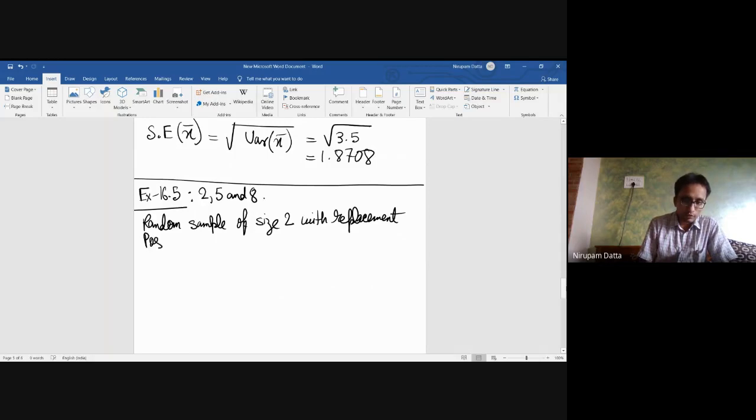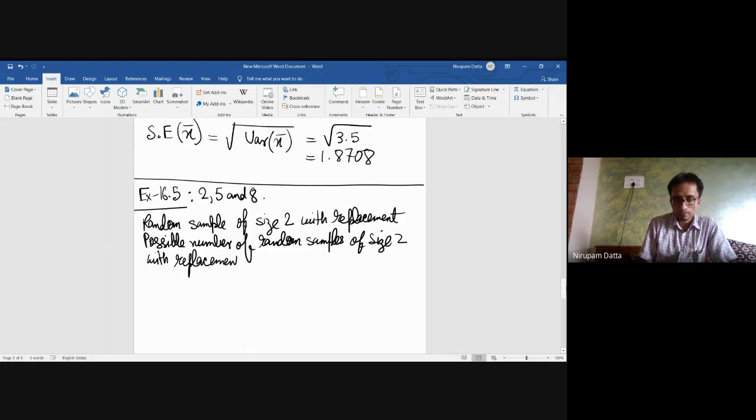So what are the possible number of random samples? Possible number of random samples of size 2 with replacement, that is 3 into 3, which is equal to 9.